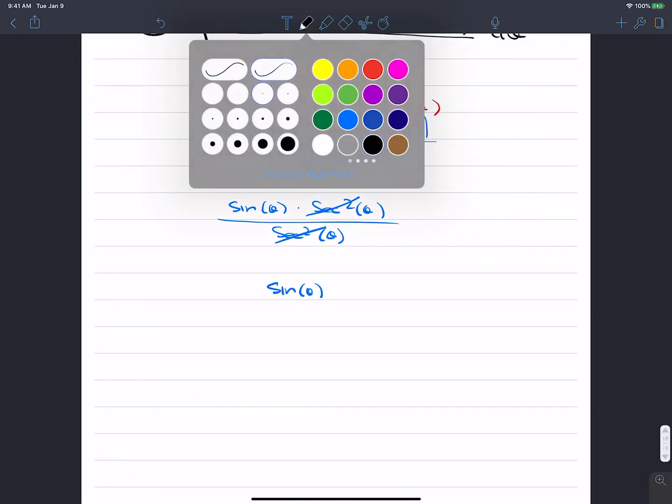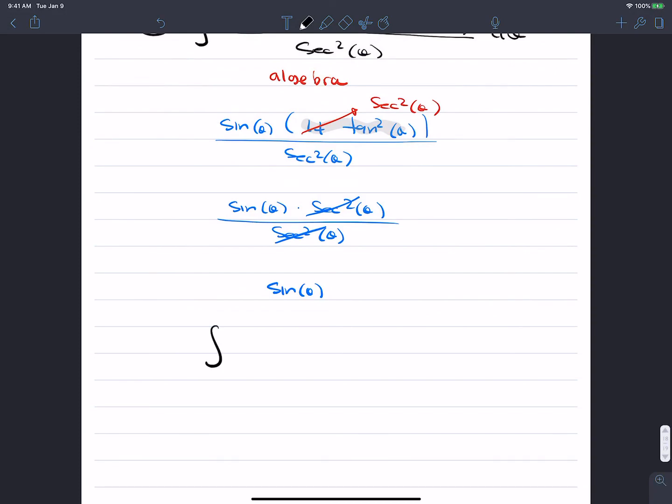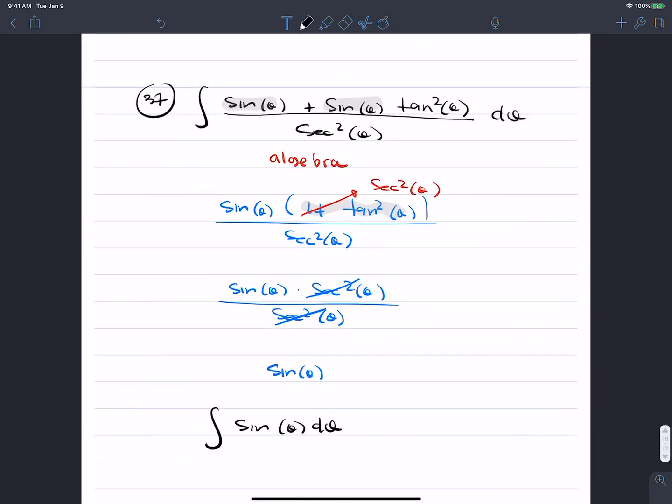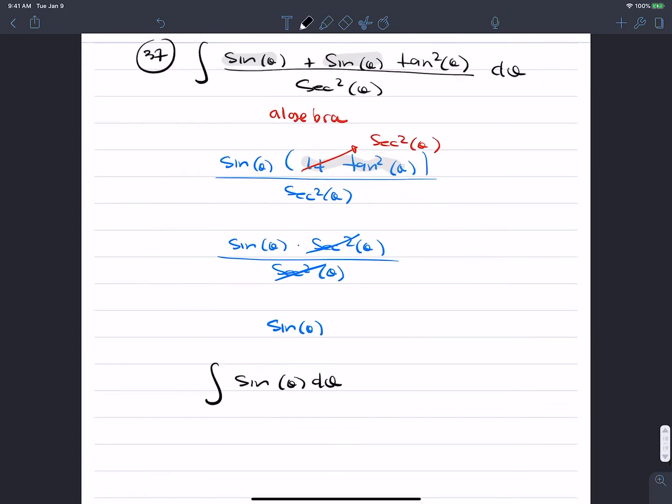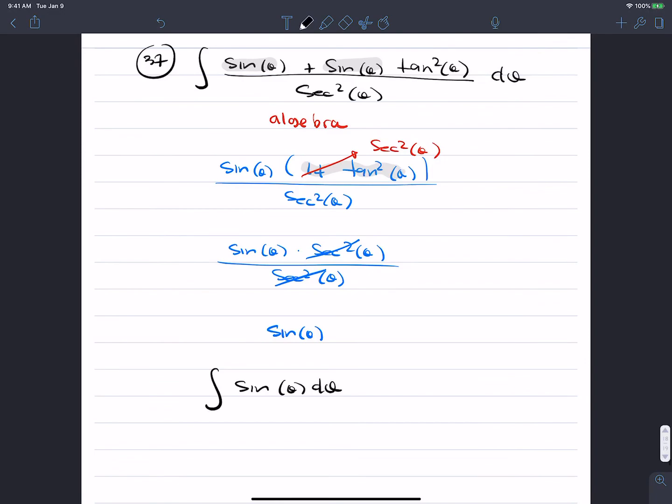So that was a little bit easier to handle than how we originally approached this. And sometimes that happens. So what you're going to do here is use properties of identities from trigonometry to simplify your trig function. This problem was really all along just the integral of sine. This whole problem is really just sine theta. That quotient is equal to sine theta.